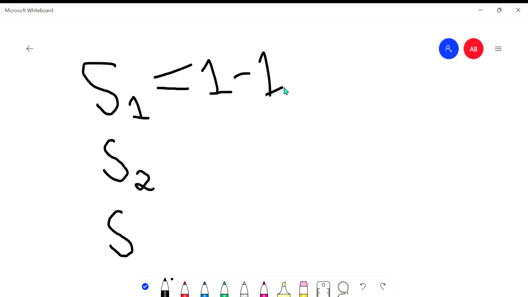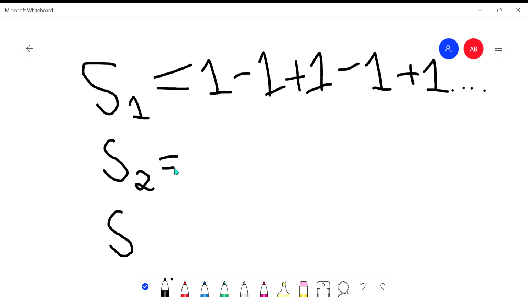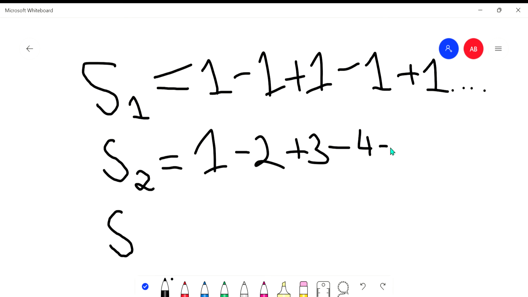So 1 minus 1, this is S subscript 1, or just S1. This is what S1 is. S2 is this. This is what S2 is.